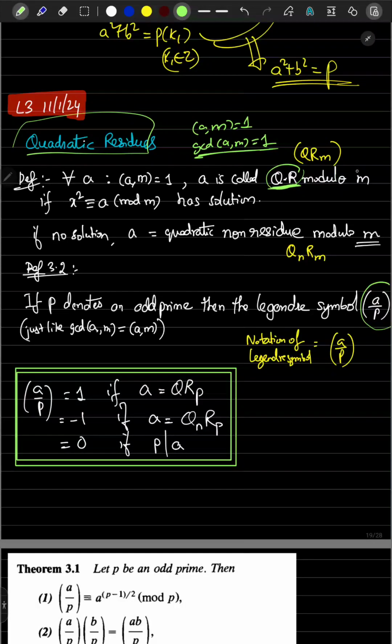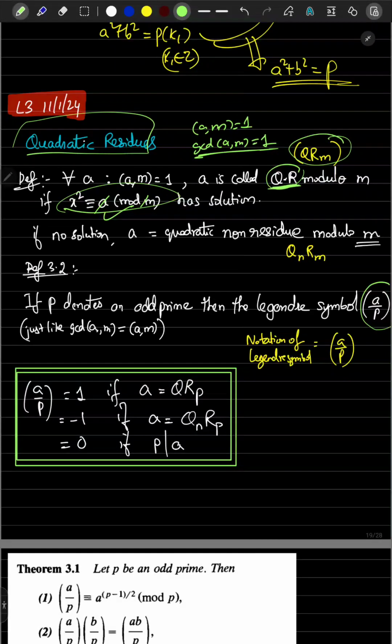Quadratic residue modulo m: if x square is congruent to a mod m has a solution. Consider this equation such that a and m have GCD 1. We call a a quadratic residue modulo m, QRM, if it has a solution.